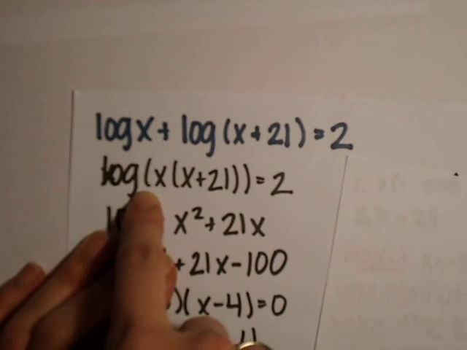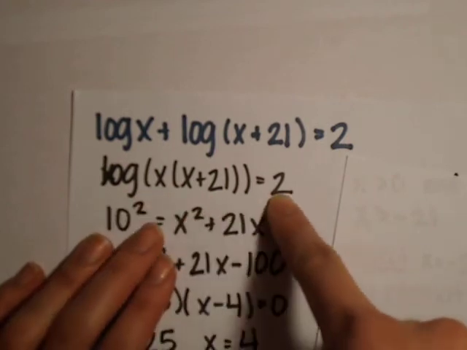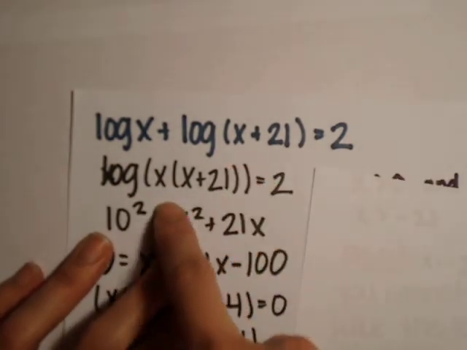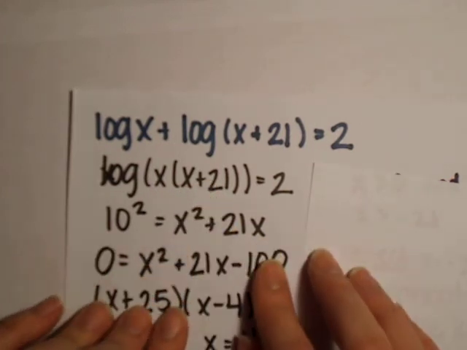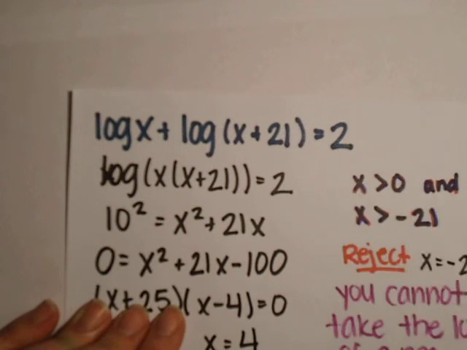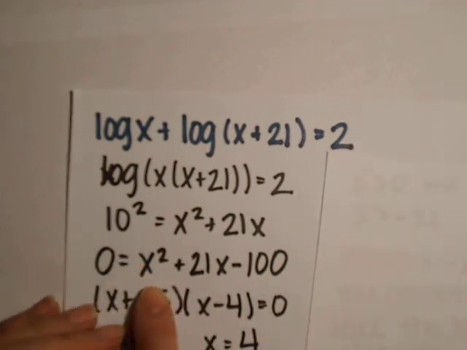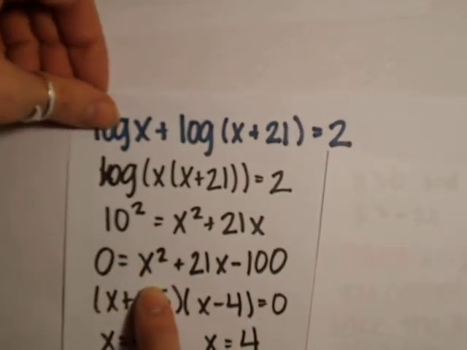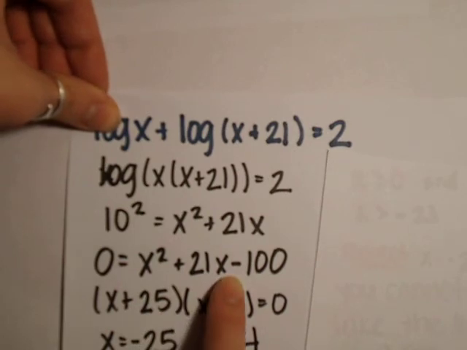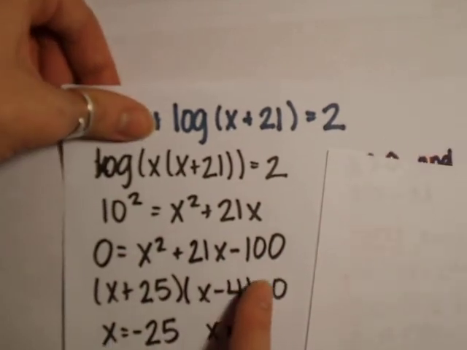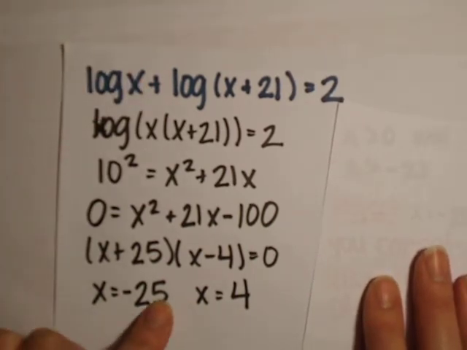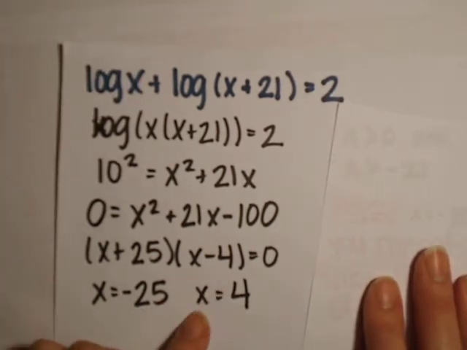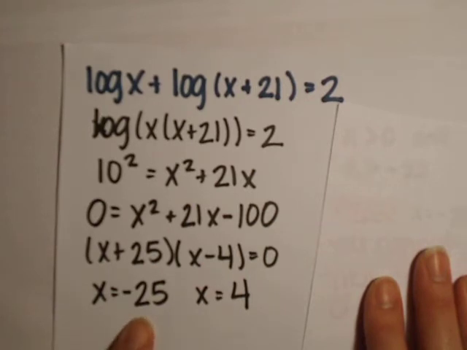Then we can use our loop method, so we'll have 10 raised to the 2 equals x squared plus 21x. We square 10, and we're left with x squared plus 21x, move the 10 squared over, minus 100. Factoring this, we get x plus 25 and x minus 4. Then we can solve. We'll have x equals negative 25 and x equals 4.